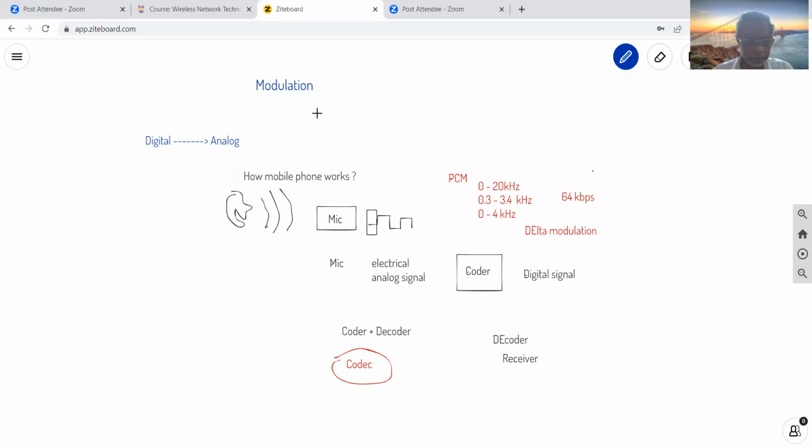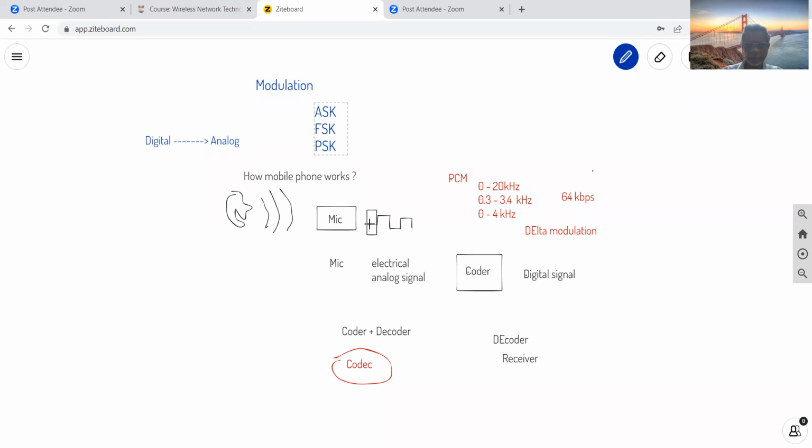These methods are called ASK, I will explain it later, amplitude shift keying, FSK, frequency shift keying, and PSK, phase shift keying. From these methods, your digital signal will be converted to an analog signal.